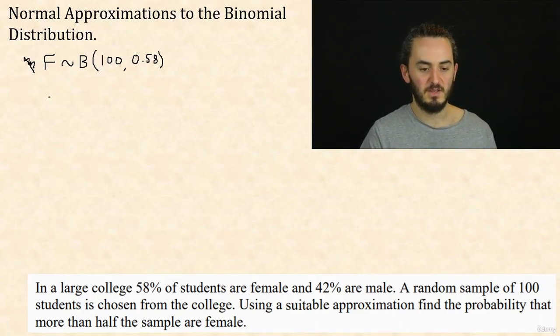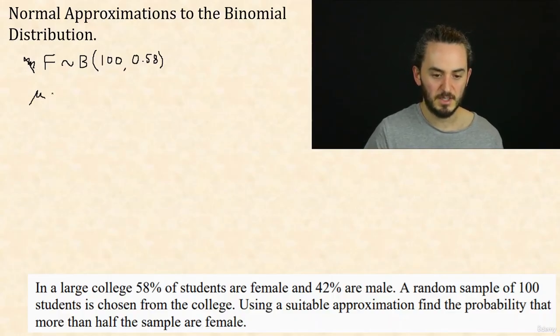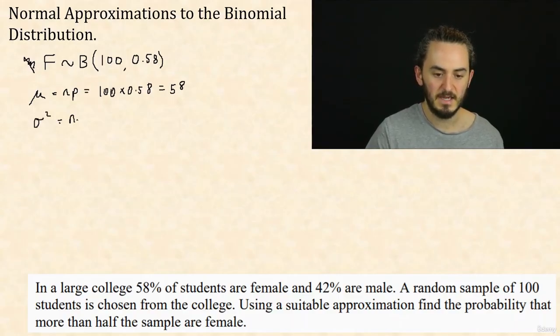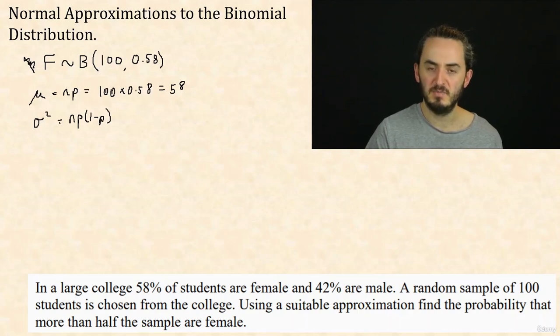So my mean is going to be np, which is 100 times 0.58, which I can do in my head. It's 58. And my variance is np(1 minus p). By the way, some people call 1 minus p the probability of failure.